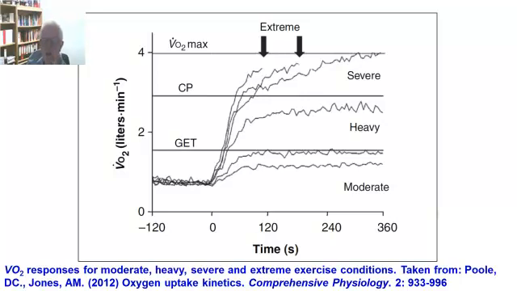If I go to the heavy exercise domain, what you can see quite clearly is that we're looking at probably between 240 seconds, maybe 300 seconds before it starts to level out. You see it rises and then levels out in the heavy domain.